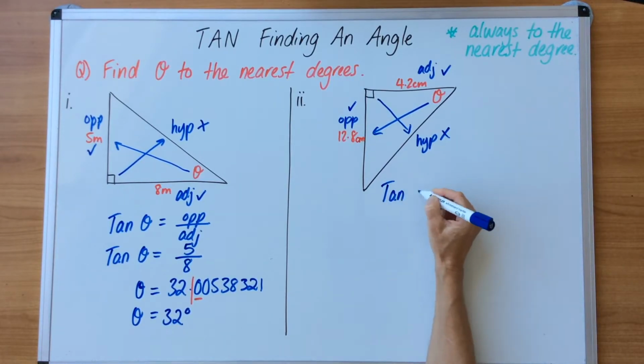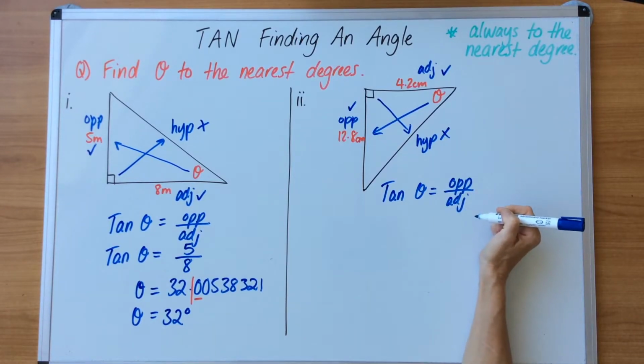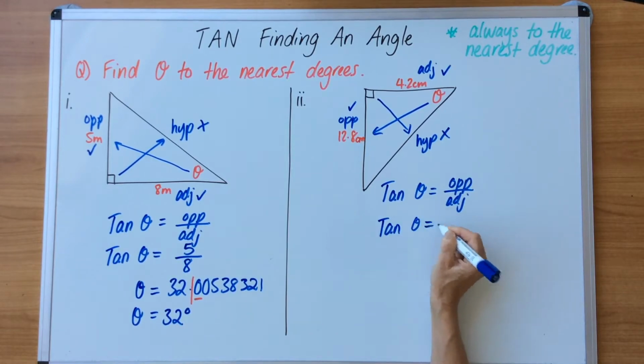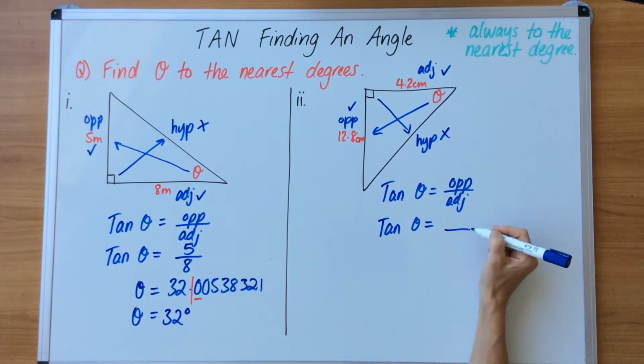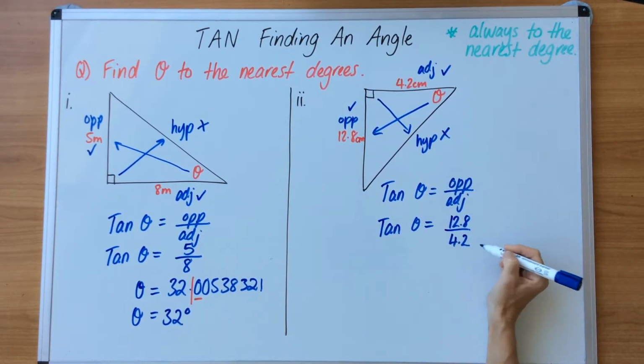So we write the rule, tan theta equals opposite over adjacent. And again, that's the SOHCAHTOA acronym. That's how we get that information to know it's tan. And now we substitute. Tan theta equals, and the opposite is 12.8 and the adjacent is 4.2.